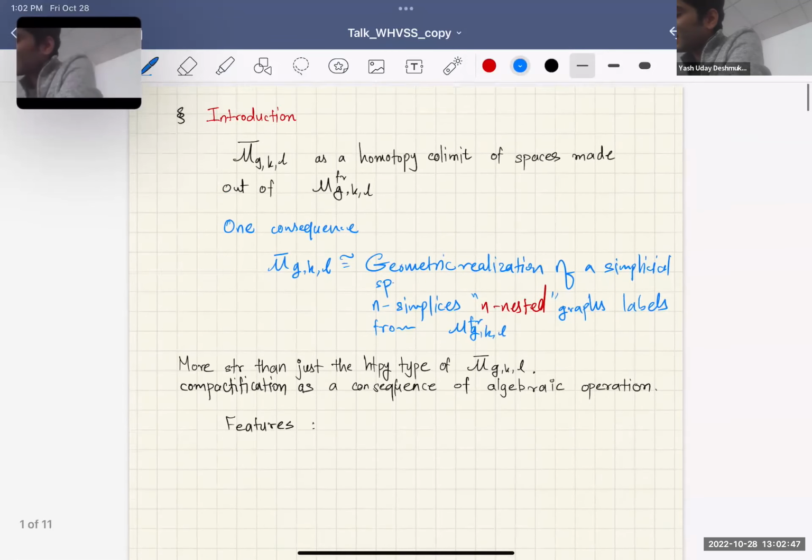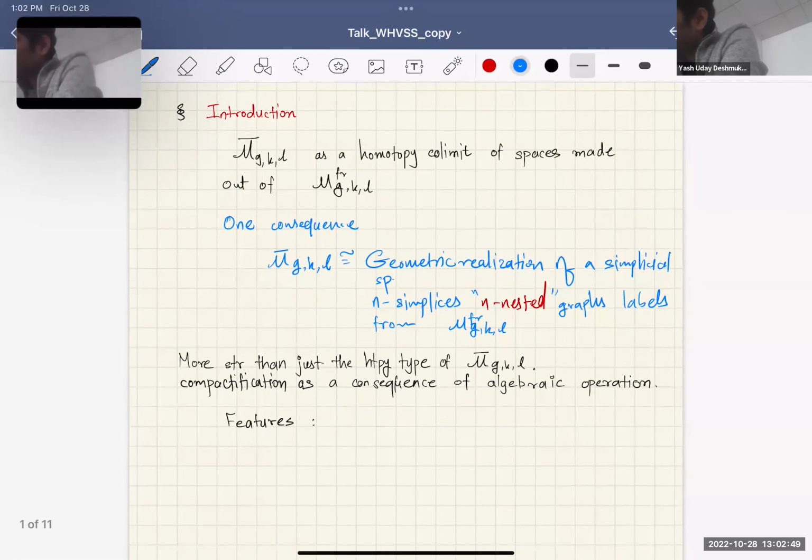Okay, so here I've been saying Deligne-Mumford and uncompactified spaces. Let me just point out this. I'm calling Deligne-Mumford compactification the usual moduli space of stable nodal curves with marked points, where some of the marked points are designated as inputs and some as outputs.